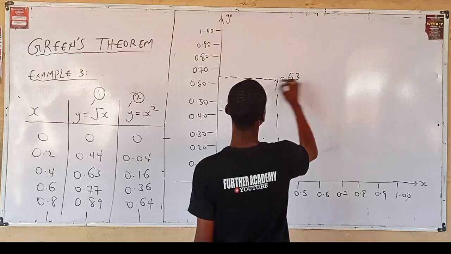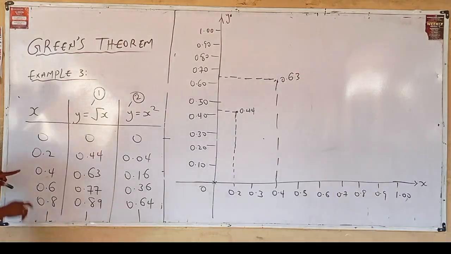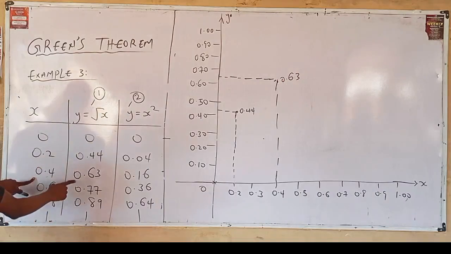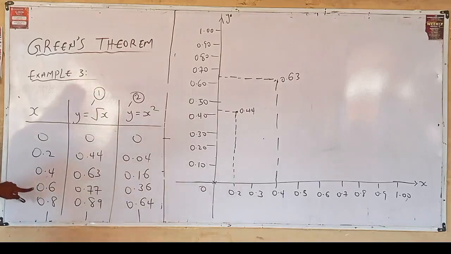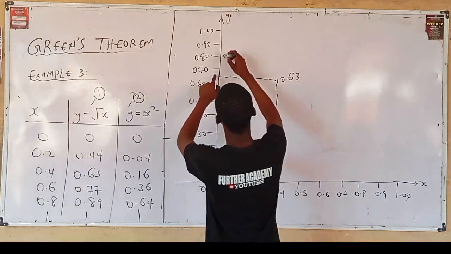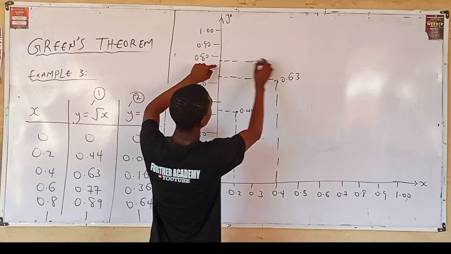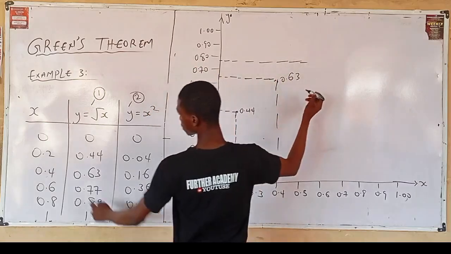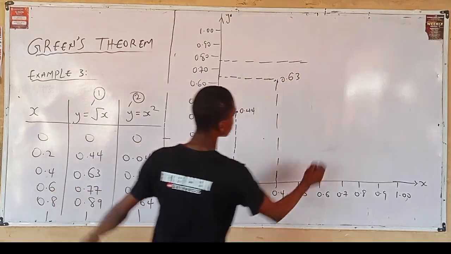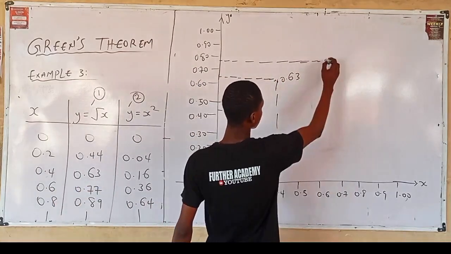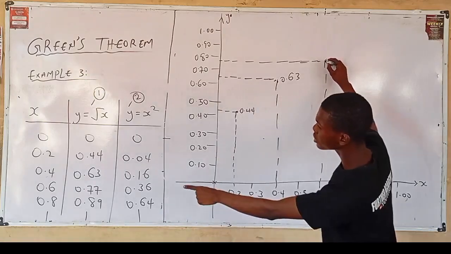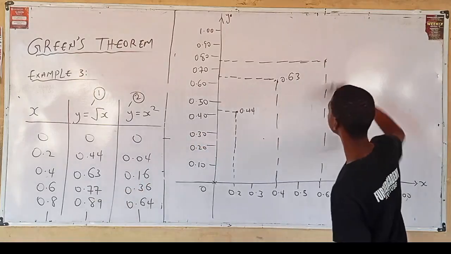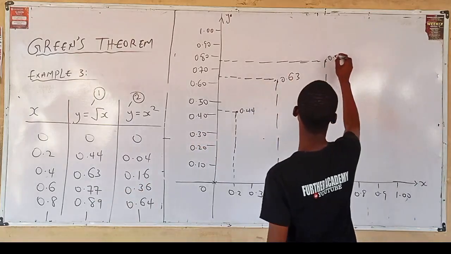The next one, when x is 0.6, I'm having y to be 0.77. So I have 0.7 between this region, and this is 0.6 here. So this is 0.77 to 0.6.